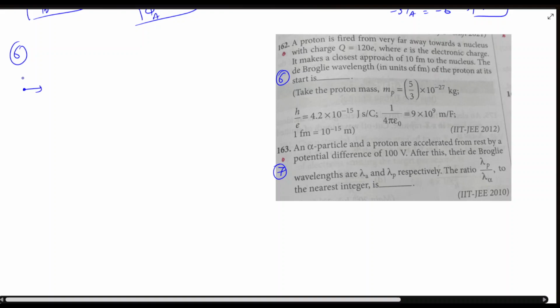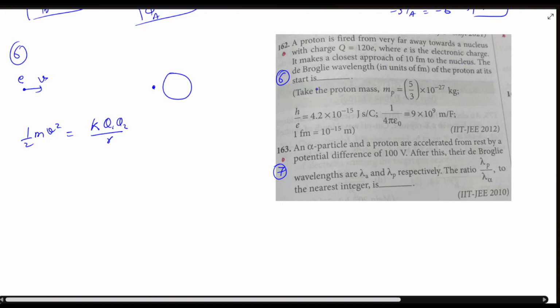So let's say this is the proton. Its charge is e, of course. It has a velocity V. Now it reaches over here. So what happens is its kinetic energy will be converted into potential energy, which will be K Q1 Q2 by R, right?